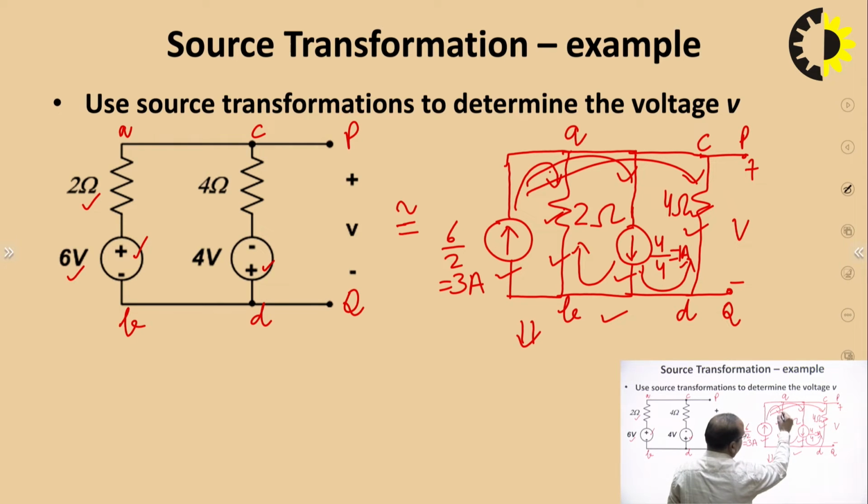The 3 ampere current source is supplying the current like this, and the 1 ampere current source like this in the 2 ohm. Similarly, in the 4 ohm also, like this and this. That means these 2 sources are supplying current in these 2 resistances in opposite directions. So, the equivalent current source will become 3 minus 1, 2 ampere.